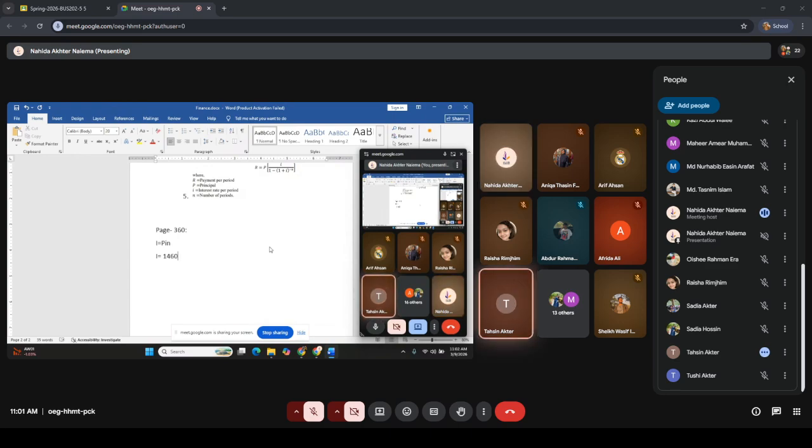Right. Times, what's the value of i? Ma'am, 72 by 365. I এর কথা বলছি, I এর ভ্যালুটা কি? 0.1. 10%, right? মানে 0.1.